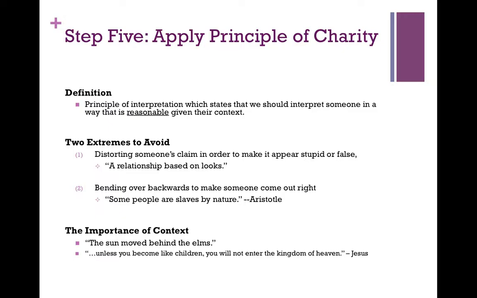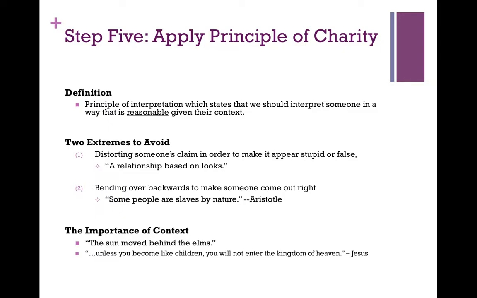So we want to strive to be charitable. There's a moral reason, you might say, which is that it seems unfair, untoward, or we don't like it being done to us. There's also a rhetorical reason, which is that we're not really attacking their true view whenever we're uncharitable. Now, as I was saying, there's typically a reasonable way to interpret someone, and there's also an unreasonable way.